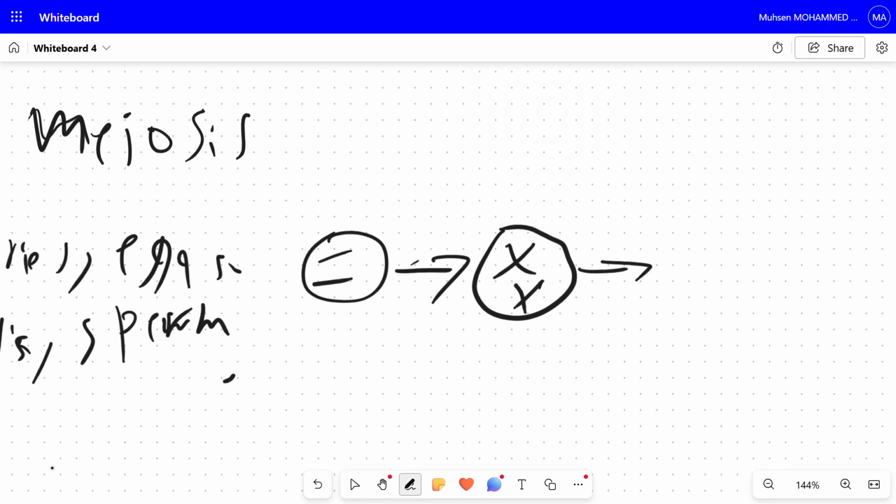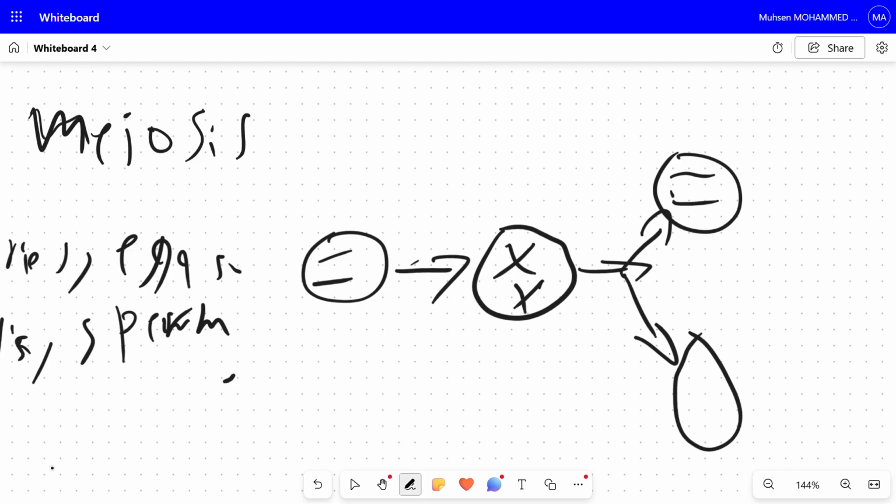after these two, this cell divides into two different cells with the same amount of chromosomes as the first.